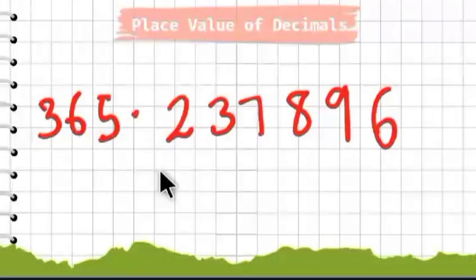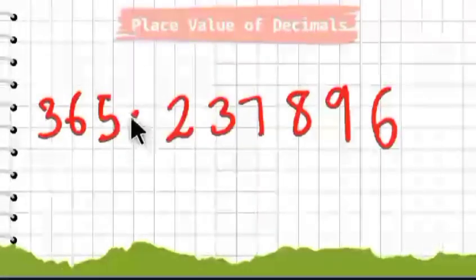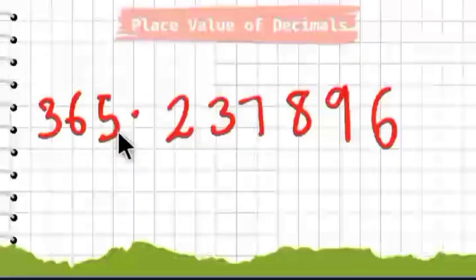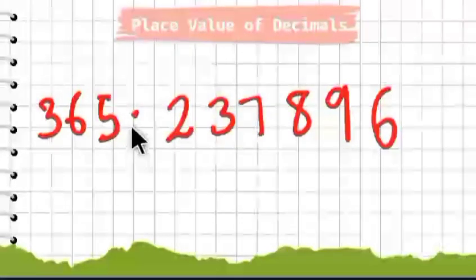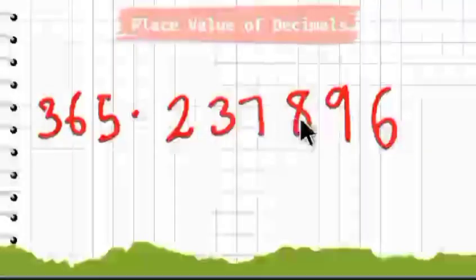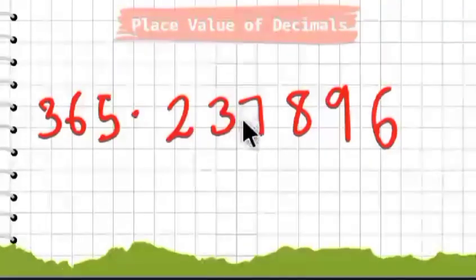In the previous video, we saw the place value charts and we saw that numbers before the decimal point are called whole numbers and numbers immediately after the decimal point are called fractional parts. We want to look at the value of these decimals that we have here.